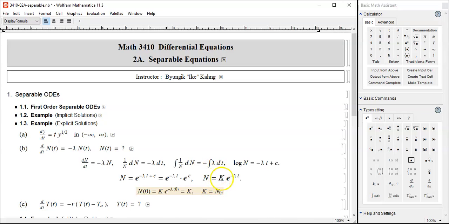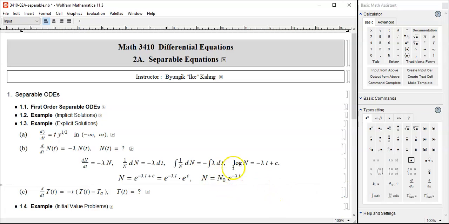So this can be rewritten as N0. So the initial number of molecules times e to the negative lambda t is the number of molecules left in this exponential model of radioactive decay after t seconds or minutes or years later. I'll say this problem is done finally.